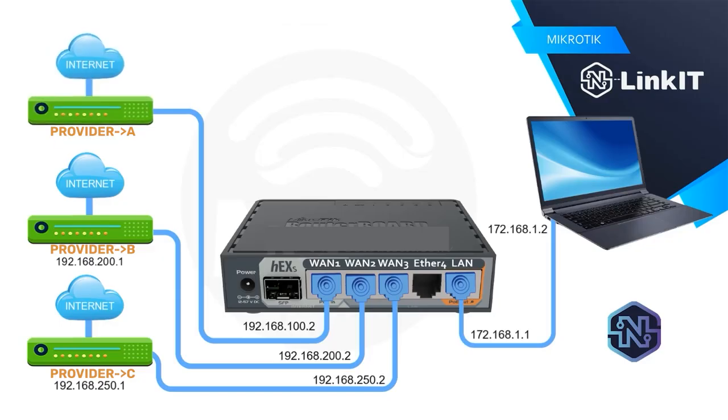For provider A, 192.168.100.1, and the MikroTik port receiving this connection will have 192.168.100.2. For provider B, 192.168.200.1, and the MikroTik port receiving this connection will have 192.168.200.2.